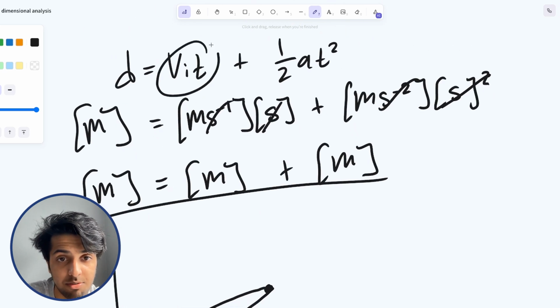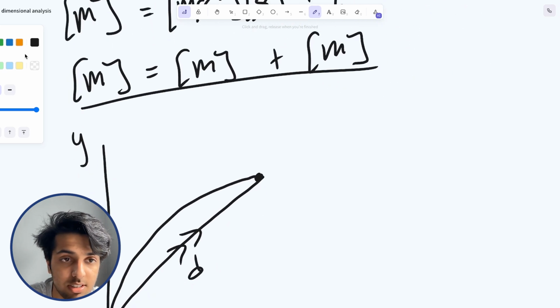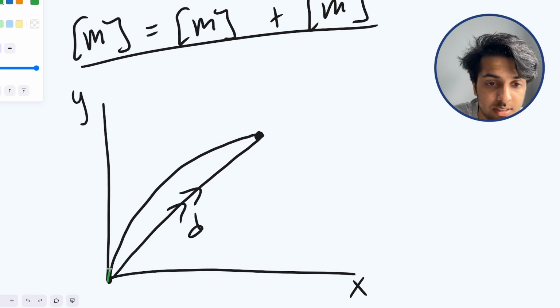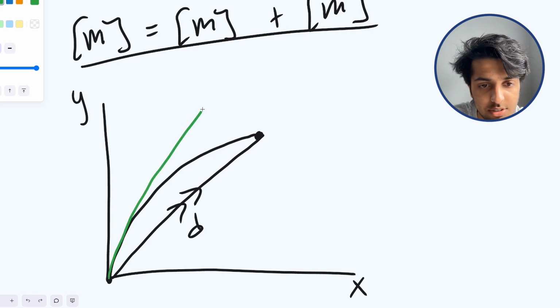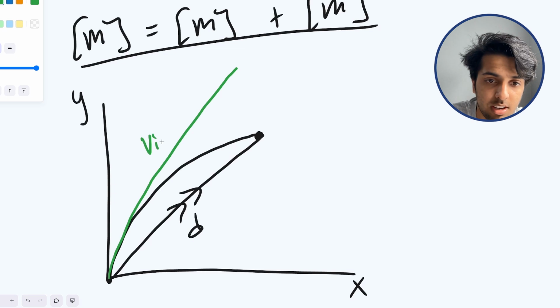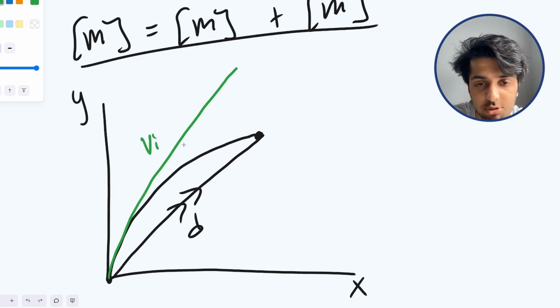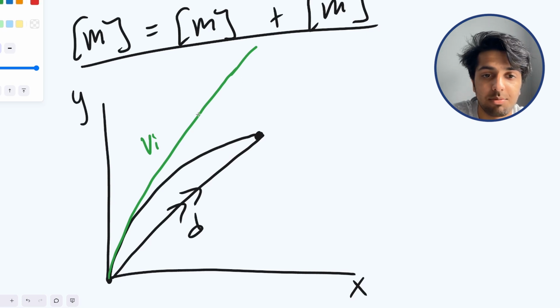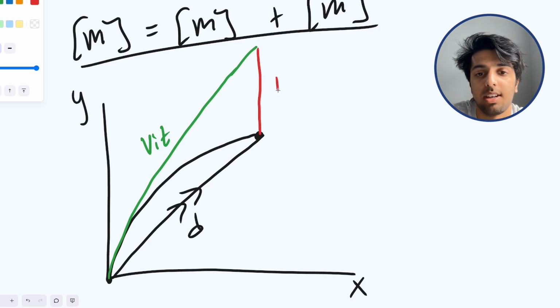And so what is vi doing? Vi is actually this distance right here. It goes sort of at a tangent. So that's vi. It should probably connect somewhere over here, but whatever. I drew it trash. And then it comes back down. Oh sorry, that's vit, not just vi. And then it comes back down, and that is half at squared.